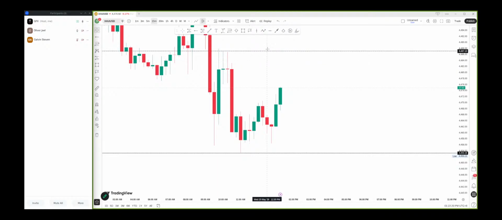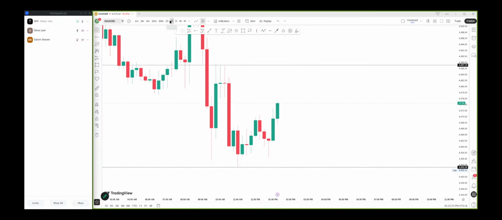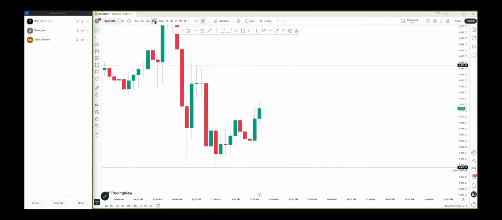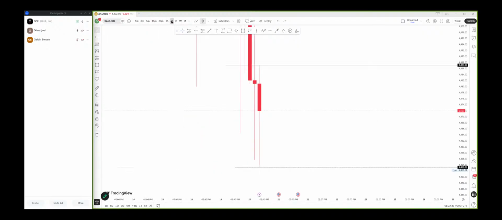Look at this hour 4 candle. The high and low of the hour 4 candle, the top wick and the bottom wick, it's your major highs and major lows. Always. Hour 4 candle.